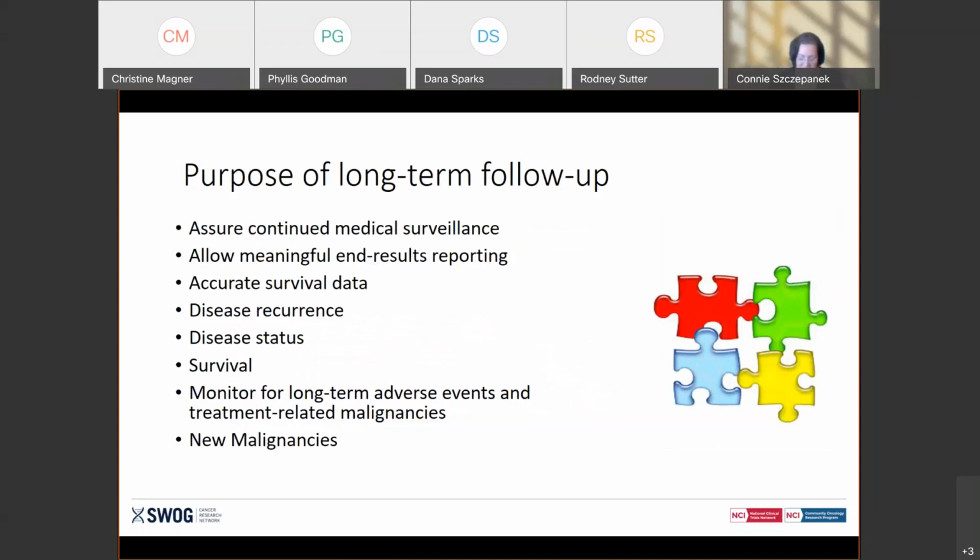It's important to remember that clinical trials are still questions. Answers are pending, and that's the purpose of the work that we're doing. And long-term follow-up helps put the pieces together.